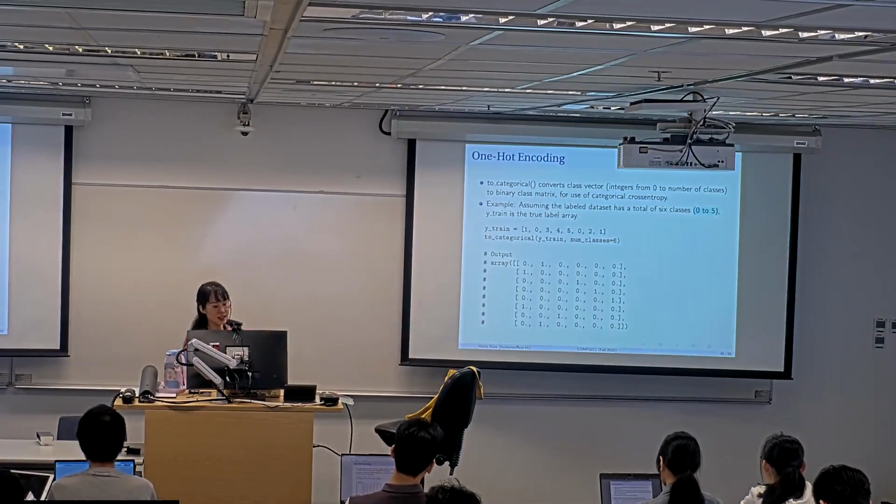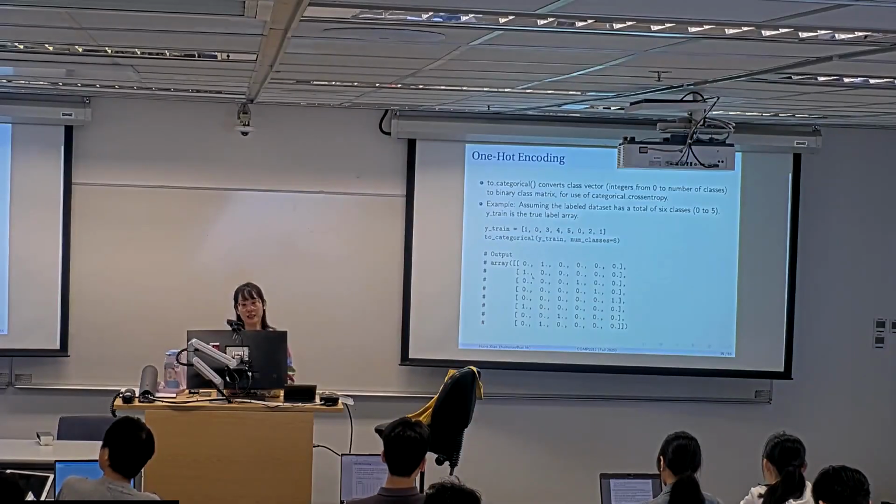We have 6 class labels. After we apply this to categorical Y train, with number of classes equal to 6, the output will be a 2D binary array. The number of rows is the number of data samples. Previously, we had 8 data samples, right? In total, we have 8 entries, so in this output we should have 8 rows.